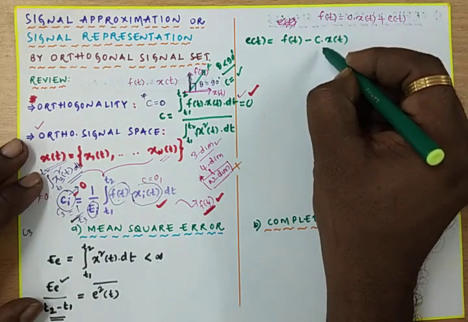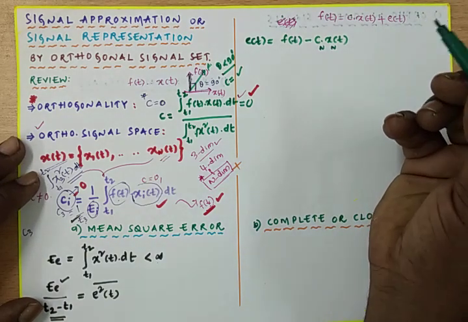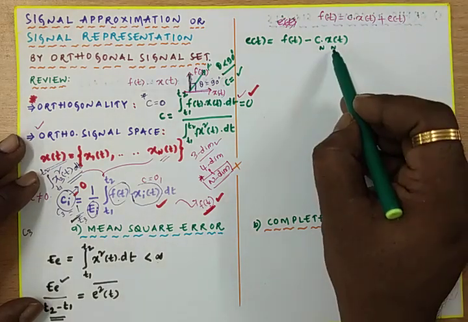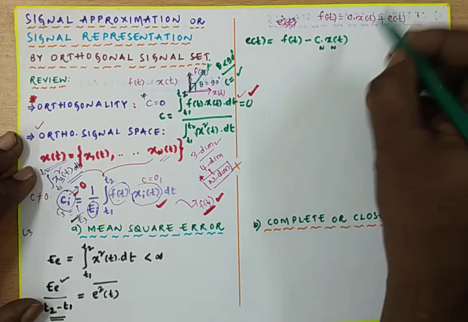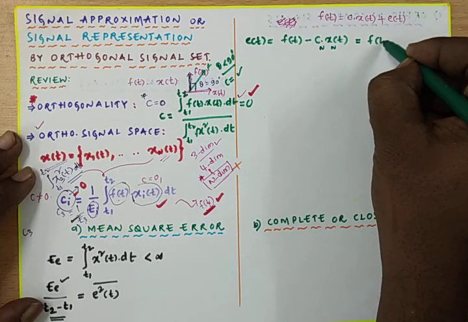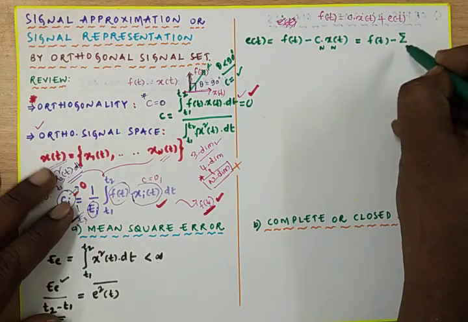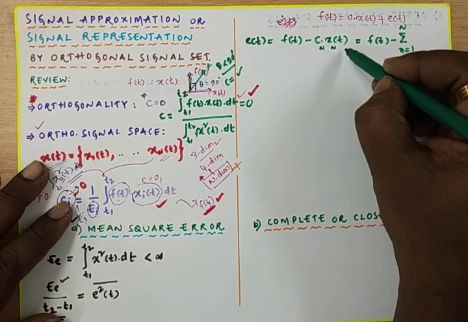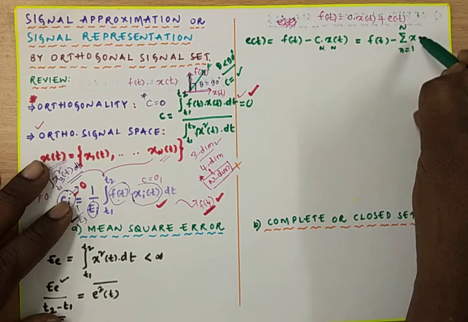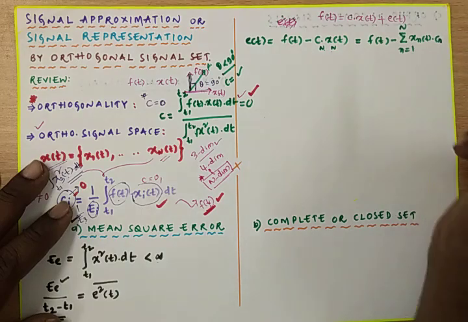But here we are having various values for c and various values of x of t, so that we are having n number of x of t signals, so that we can have n number of projected components by f, and so I can write this equation as f of t minus sigma n is equals to 1 to n, because all these components are added together, xn of t into Cn.